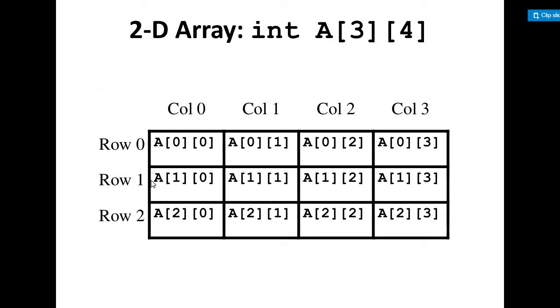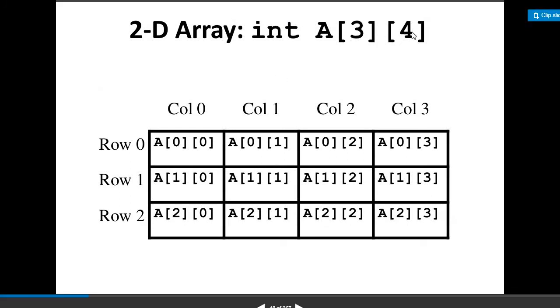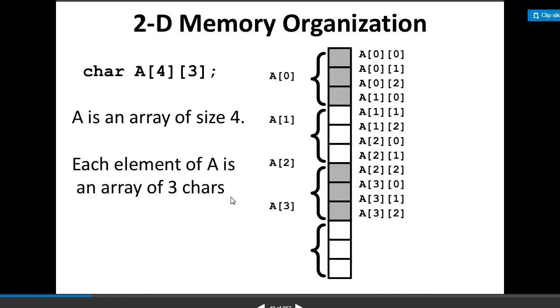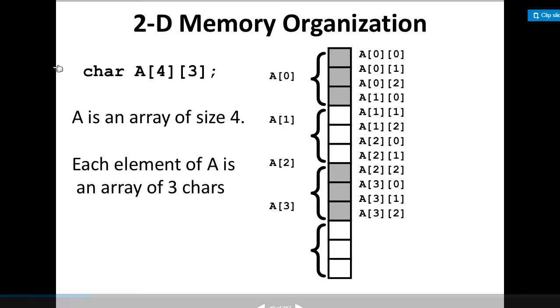Two-dimensional arrays, where row size and column size are given. So int a[3][4] means total 3 rows, 4 columns. The name of the array is a, and it consists of integer data values. So column 0, column 1, and so on, finally we have a 3 by 4 matrix. Did I mention memory organization, how it is stored?